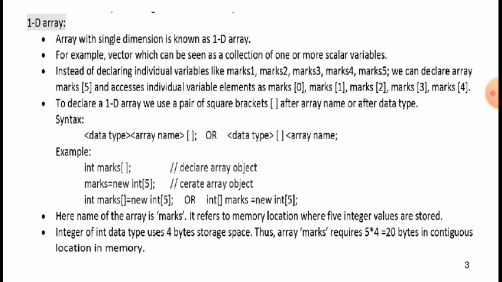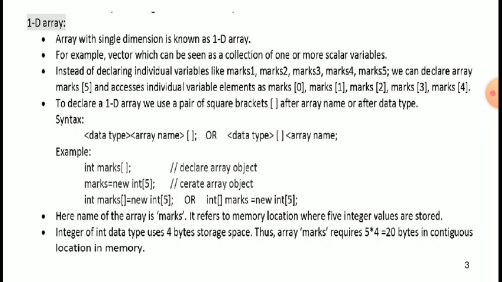To declare a 1D array, we use a pair of square brackets after the array name or after the data type. Syntax: first is the data type, second is the array name, and third square brackets. Otherwise, first is the data type, second square brackets, and third the array name.